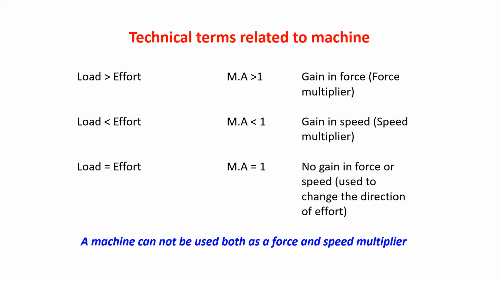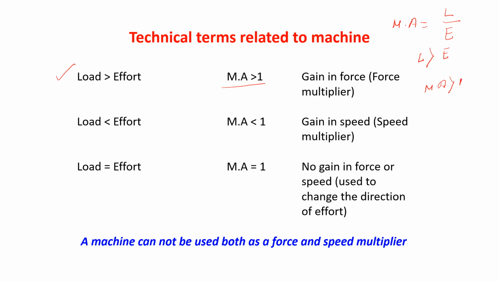Now if load is greater than effort, the first case, mechanical advantage is greater than 1. How? You all know that mechanical advantage is equal to load by effort. Now load is greater than effort. That means the numerator is greater than the denominator. So naturally mechanical advantage is greater than 1.